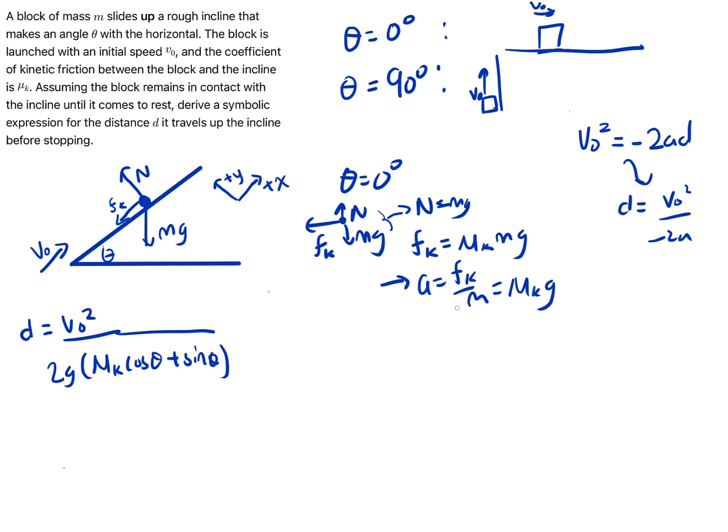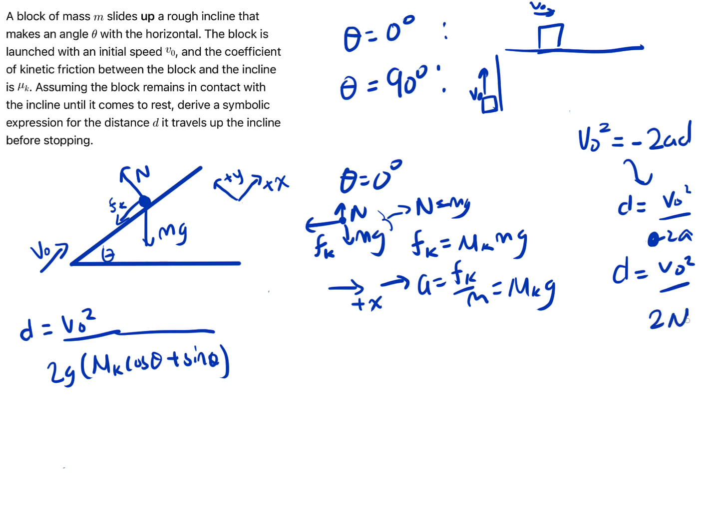This acceleration is negative since we chose this direction to be the positive x direction and friction opposes its motion. So the negative sign eventually cancels out, and I'll just drop it here for speed. But we can just plug this in.